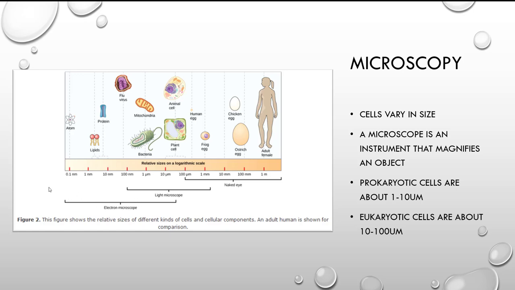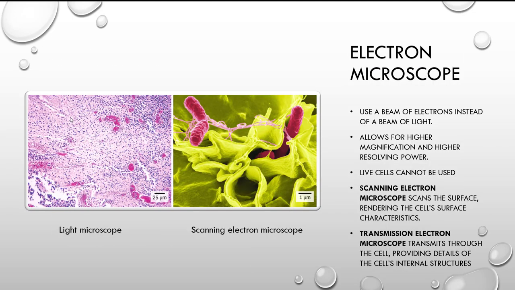So a lot smaller objects. Okay, we can get into maybe even atoms with an electron microscope. So we can look at higher magnifications and higher resolving power, so we can see close-ups of very, very small objects. The problem, though, is that since we're using beams of electrons, the things have to be dead. Okay, so we can't use live cells in order to look at them under the microscope.